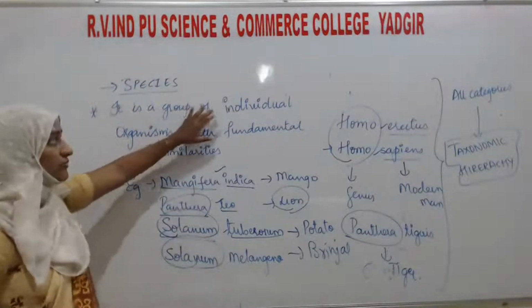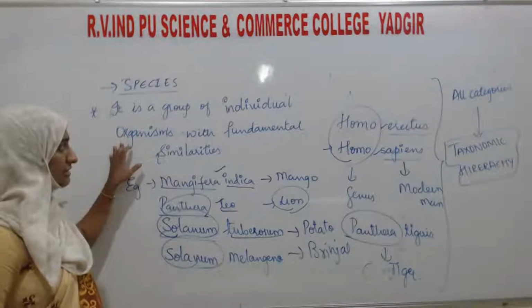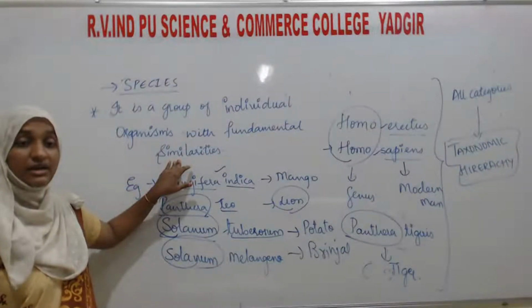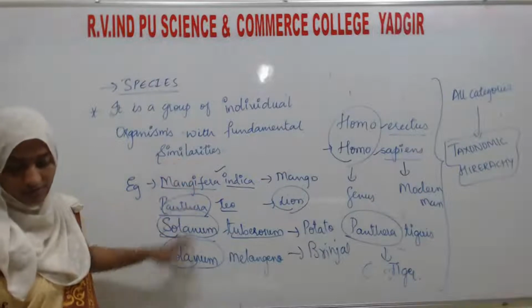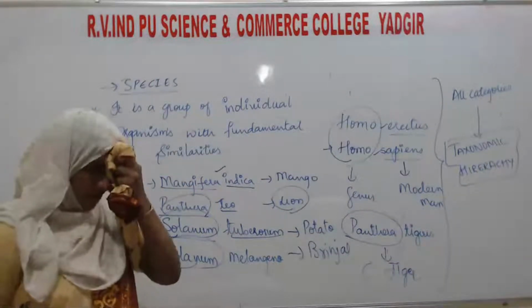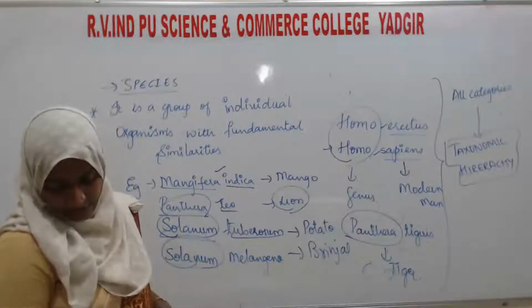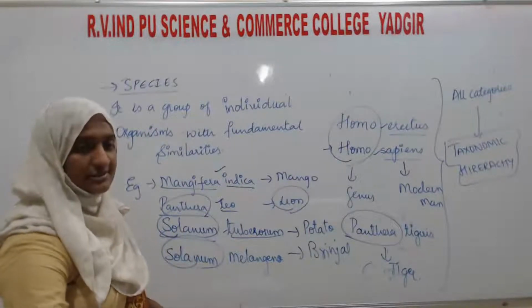Here, a species is a group of individual organisms with fundamental similarities. So this is what we have about the species. Next, we will go for the genus.